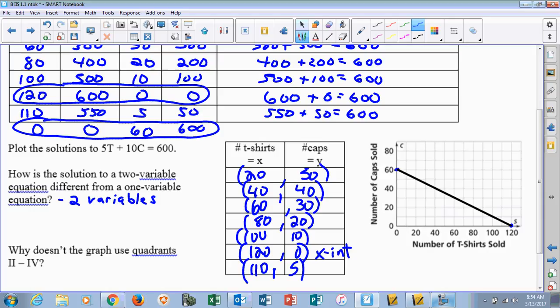Here's the biggest one also: a 1-variable equation has 1 solution. 2-variable equations have many solutions.